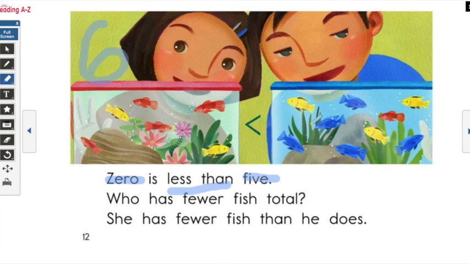How many fish does he have? 1, 2, 3, 4, 5, 6, 7, 8, 9. He has 9 fish. What number is smaller, 6 or 9? That's right, 6 is the smaller number. She has fewer fish than he does.